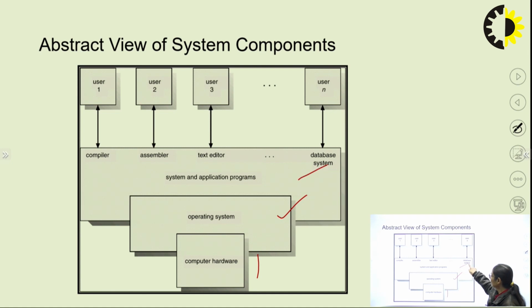Above it, we have system and application programs, such as compilers, assemblers, text editors, database systems, etc. And at the last level, we have various users. This diagram shows that if a user wants to interact with the computer hardware, then the OS is the only way, or you could say the OS is in charge of your system.